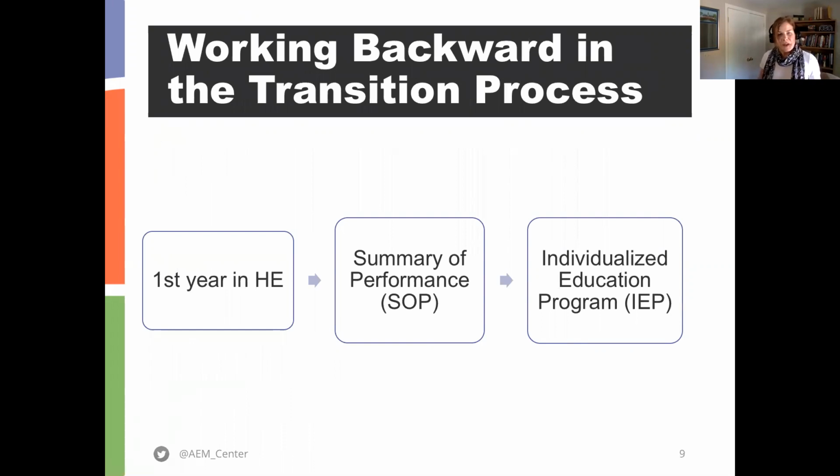In this webinar, we're going to be working backward in the transition process. So we're going to start where we are looking to prepare students to go to, and in this case, first year in higher education. Then we're going to move back to the summary of performance and then into the IEP.